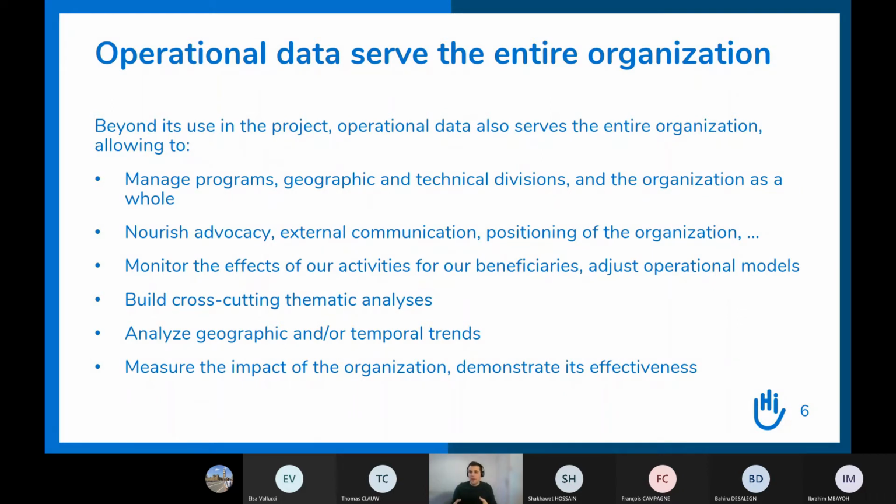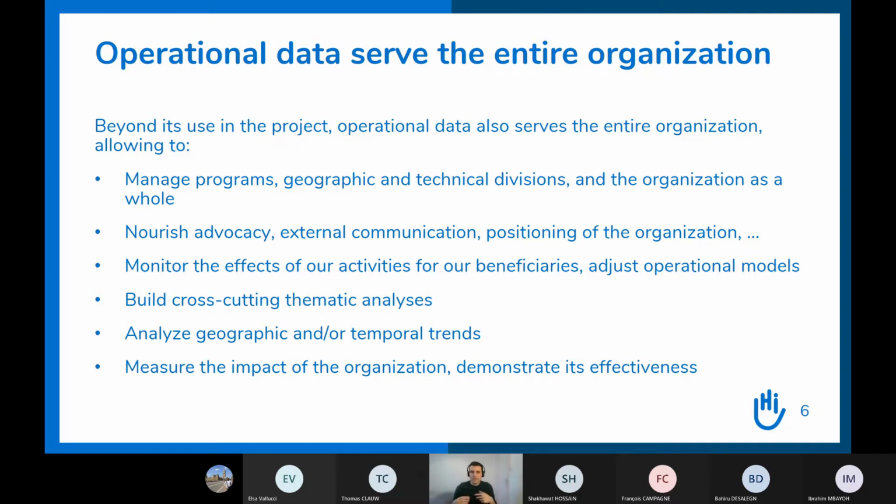But these data, they are also very useful, not only for the project, but for the whole organization. Because beyond the use inside the project, there are other uses that are simultaneous or sometimes that come a bit later for the whole organization. So for instance, having operational data helps manage the programs, manage geographic and technical division at HQ level, or the organization as a whole.